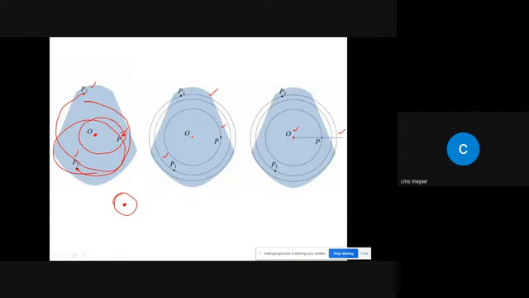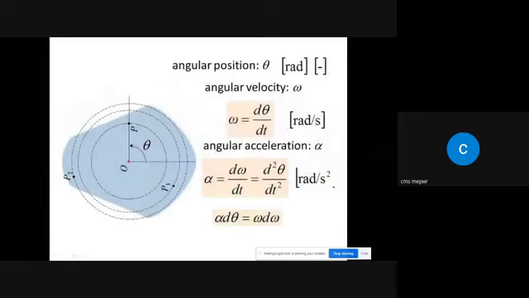Now after a certain time, this point P or this line moves from here to this new location, as shown in this diagram.